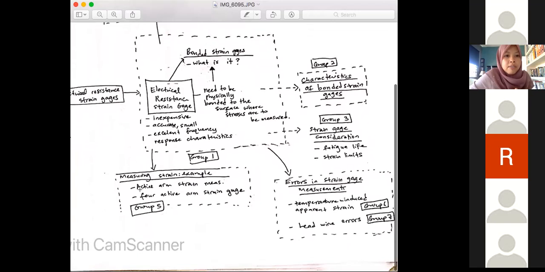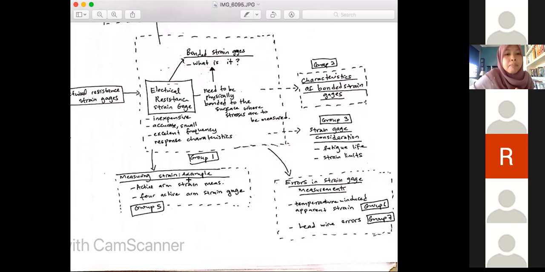Group number 5 will do discussion on measuring strain. Tadi ada 2 example of measuring strain. One is using active arm strain measurement and the other one is using 4 active arm strain gauge. Okay. Group number 6 will discuss about the error in the strain gauge measurement.